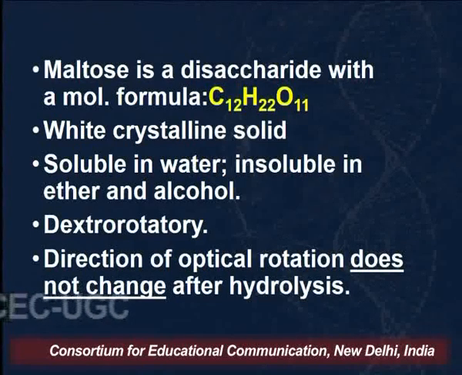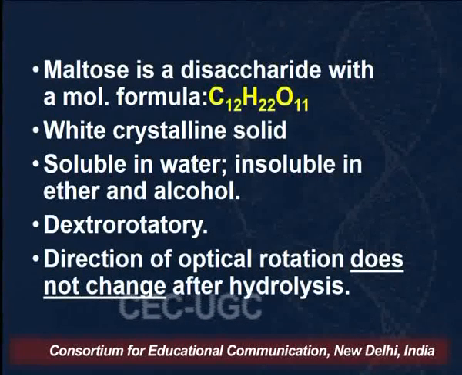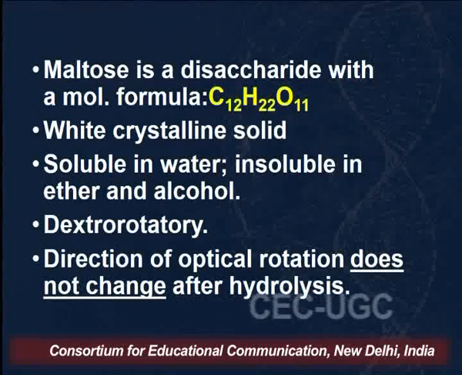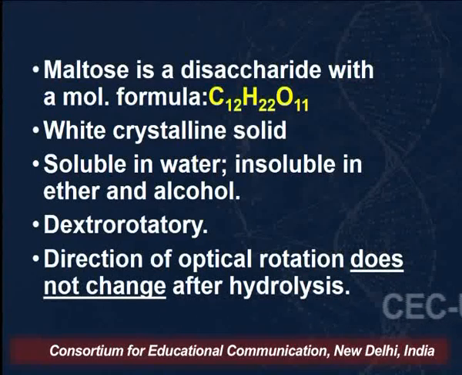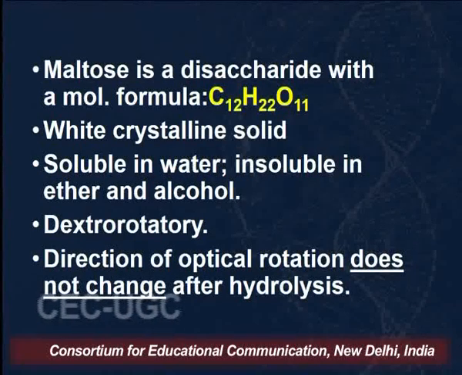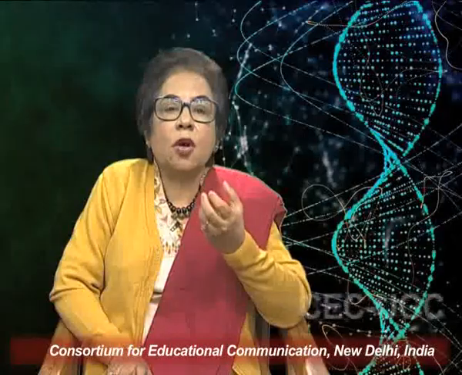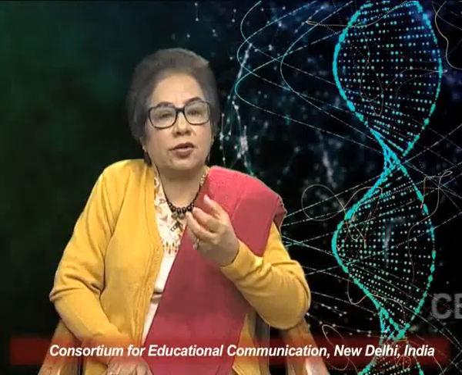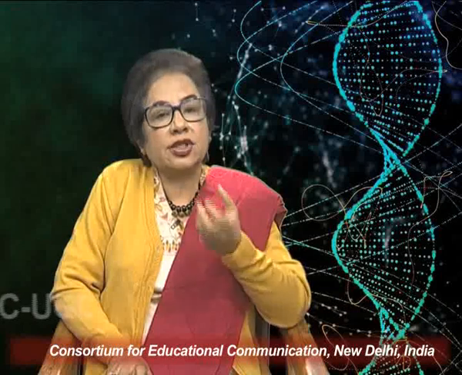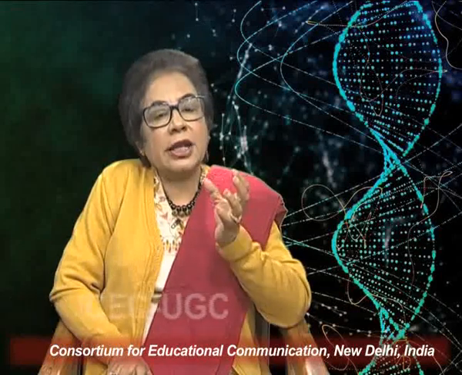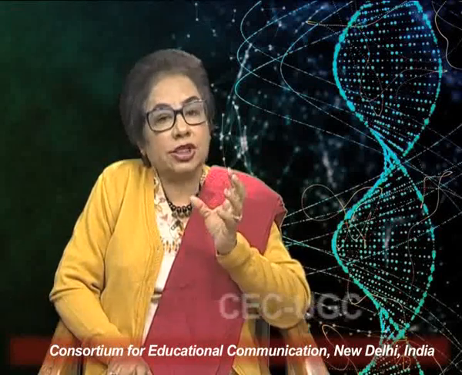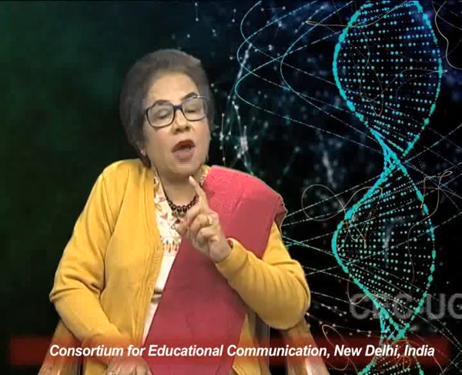And maltose, you know, is a white crystalline solid, because all sugars are white crystalline solids, and it is soluble in water, but it is insoluble in ether and alcohols. It is soluble in water because it is capable of forming intermolecular hydrogen bonding. It is dextrorotatory, and the direction of the optical rotation does not change after hydrolysis.